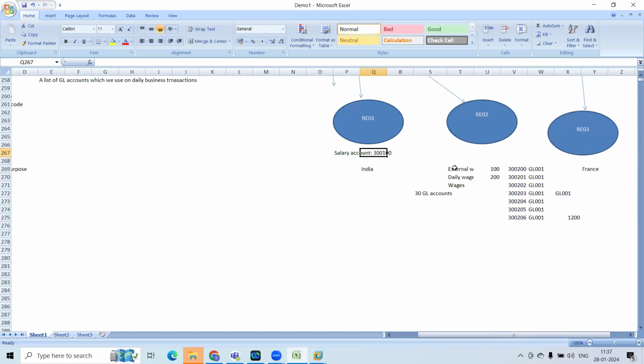So in India, you are posting an entry with the salary GL account 300100. But in the US, we are not using that 300100.